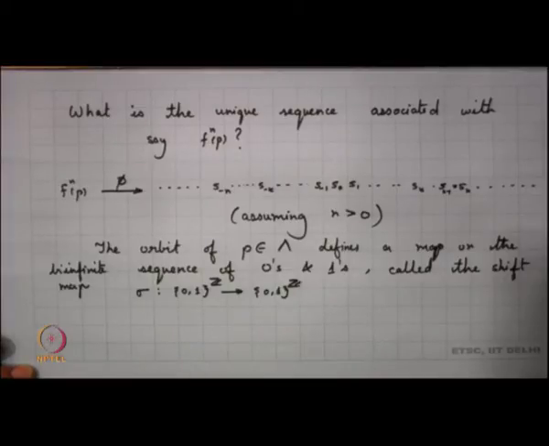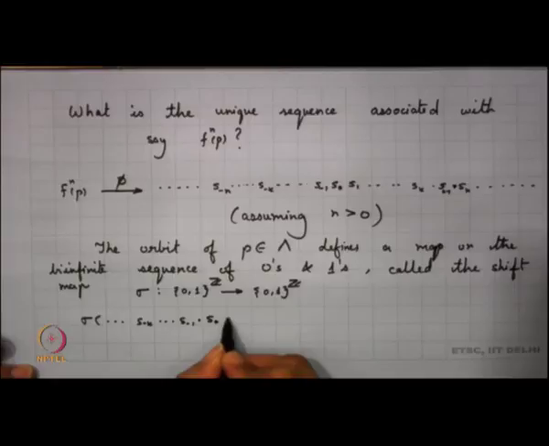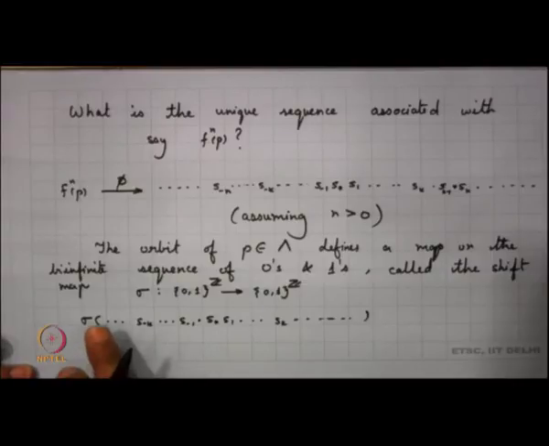and I am defining this as sigma of S minus k, S minus 1, my point lies here, S naught, S1, Sk. If I am looking into this part, my shift is only taking the decimal point one point to the right.